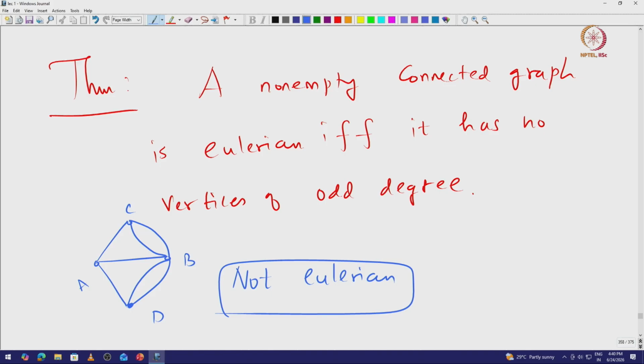An Euler tour is a bit stronger, but we will see that even this Euler trail is not possible here, because this violates so much. So, I will stop here. We will continue with the proof of this in the next class. Later, as I said, we will talk about Hamiltonian cycles and so on. I will stop here. Thanks.